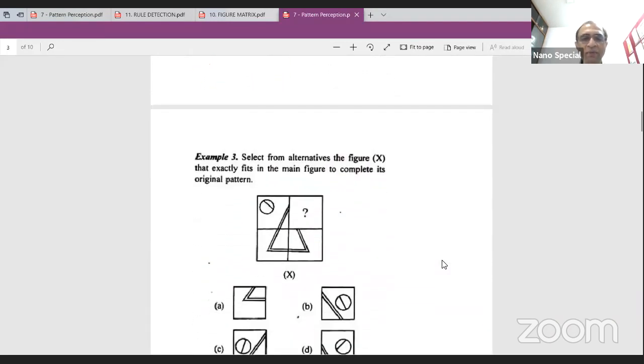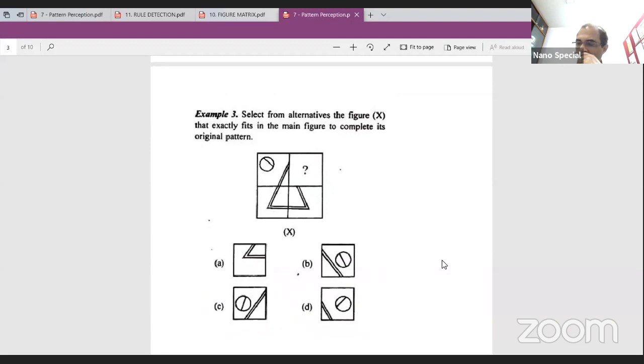Now let's look at this one. Shreya has answered it. All right. Ruchita has answered it. Very nice. Who else? Madhumita, how can that be the answer?